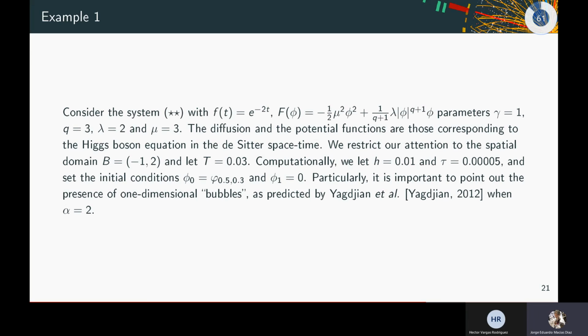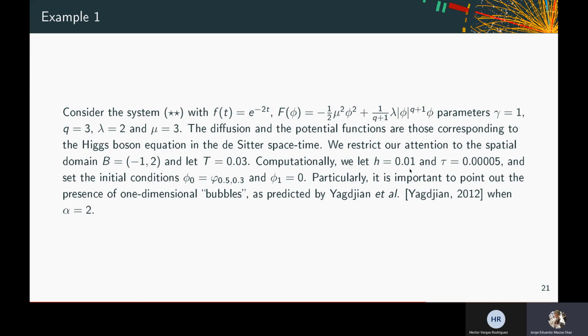We are going to consider the continuous system in the usual Higgs boson equation with the de Sitter spacetime, and these are going to be the values of the parameters. This is gamma, this is q, this is lambda, and this is mu. We're going to restrict our attention in this case to the example when b is the interval that goes from -1 to 2, and capital T is equal to 0.03.